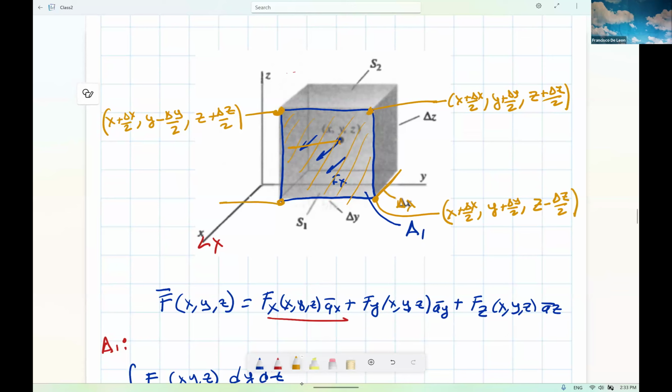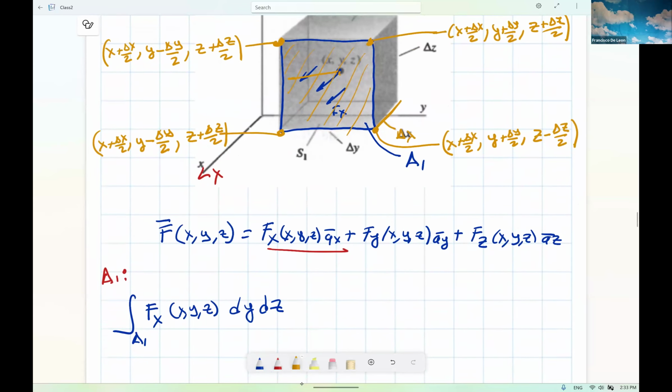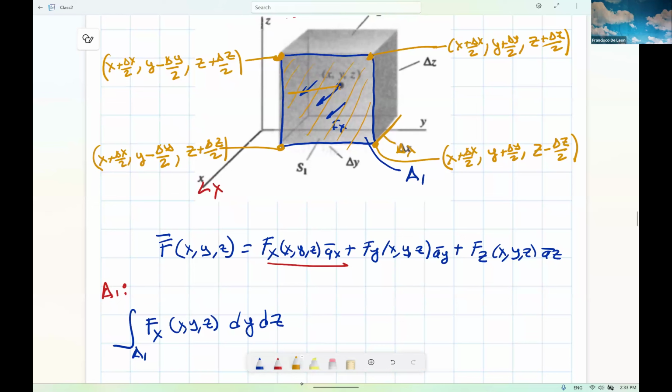And the last one is this point. This one will be x plus delta x by 2, comma, y minus delta y by 2, and the positive z plus delta z by 2. And those are the limits of the integrations that I have to do.